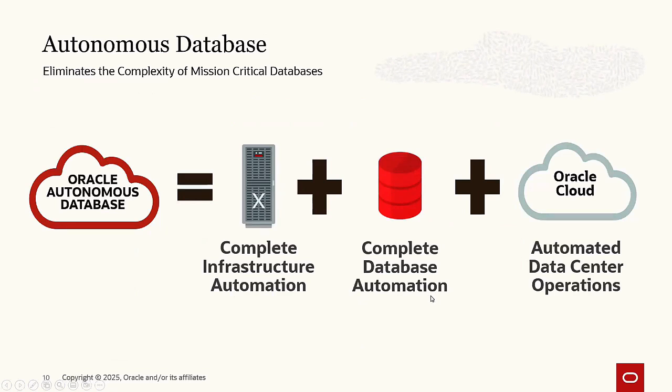It minimizes the errors that are made and puts you in a position where you only have to worry about the things you can make a difference in, whereas this has complete database automation and complete infrastructure automation. This is an Exadata platform, which is designed around our software, and our software likewise is designed around it. We've been working with Sun for a long time.